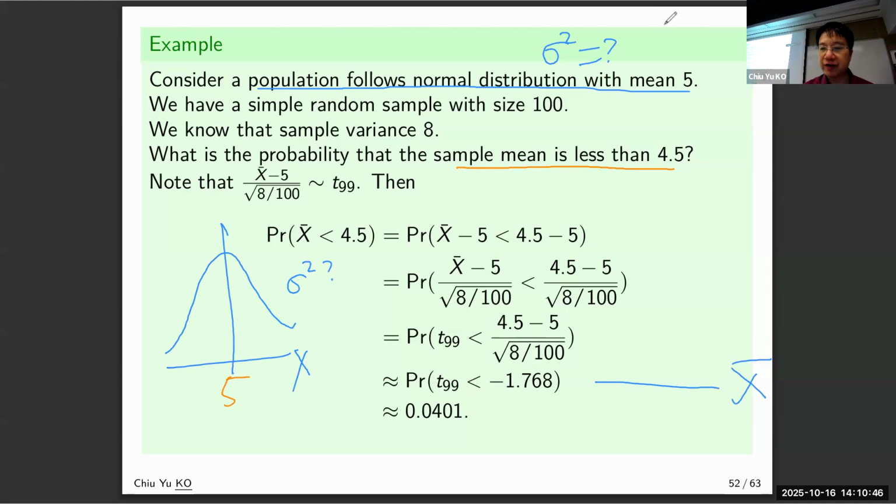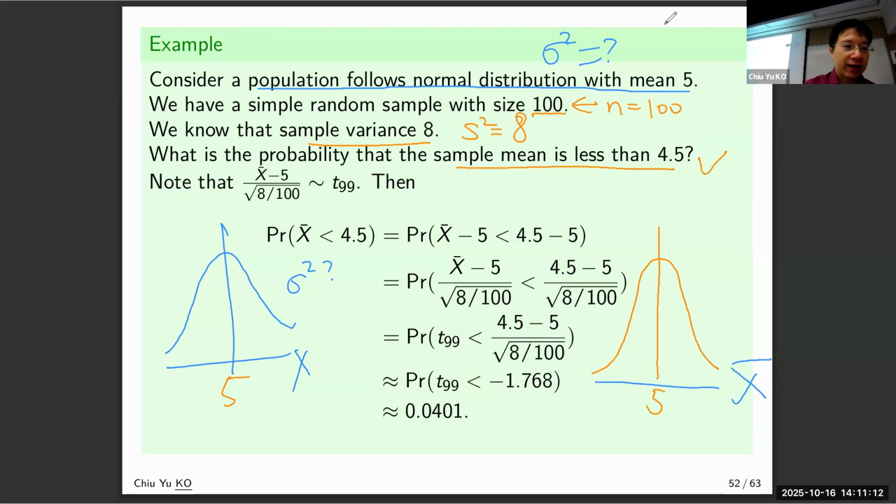This is also a bell curve, with the same mean, 5. The sample size is 100 and the sample variance is 8, so S squared is 8 and n is 100. How likely is it less than 4.5?